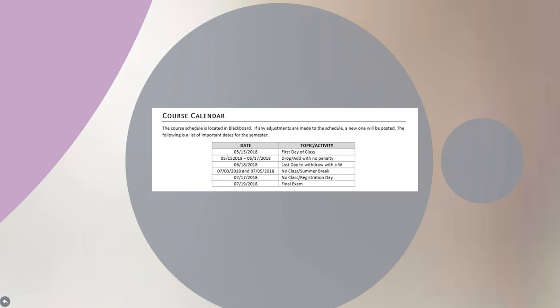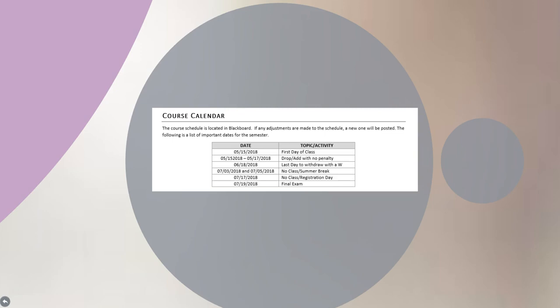So if you withdraw before May 17th, you won't have a W. If you withdraw between May 17th and June 18th, you will receive a W on your transcript. June 18th is the last day to withdraw with a W. Anything after June 18th, it'll be a WF.